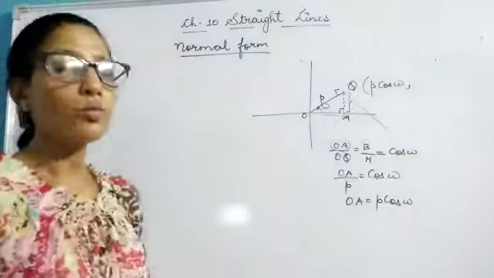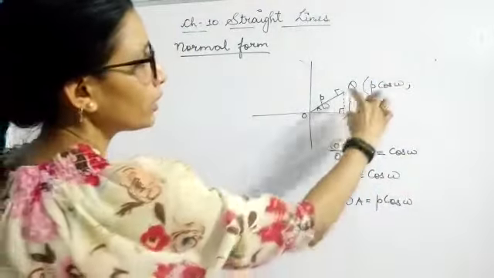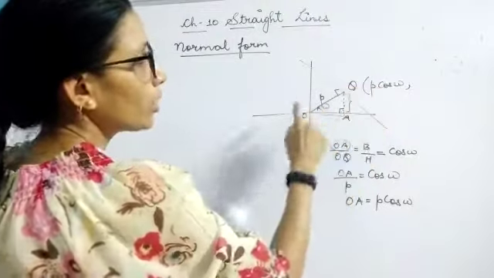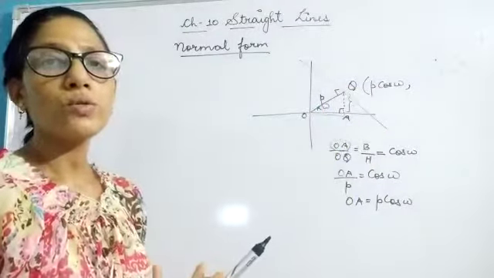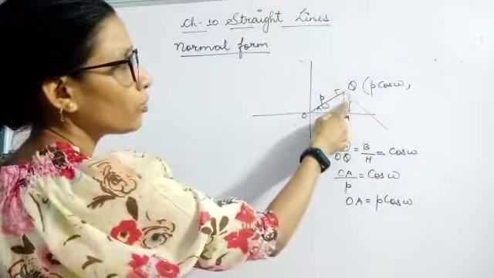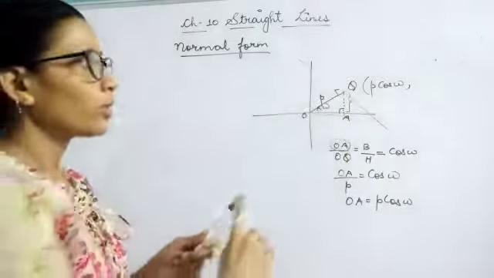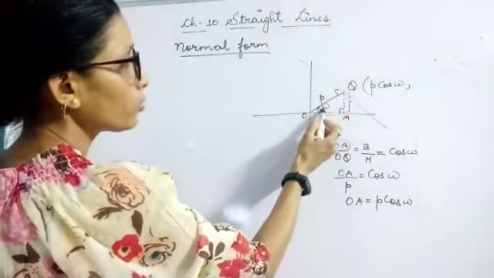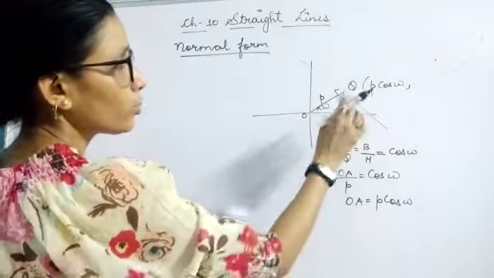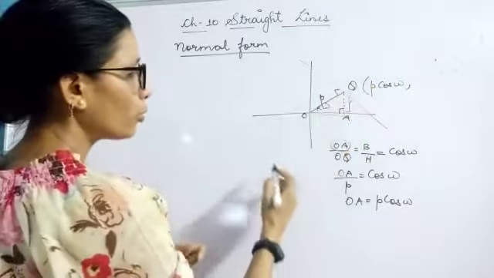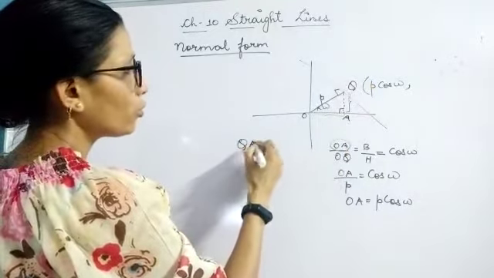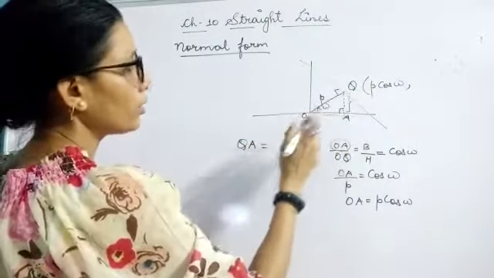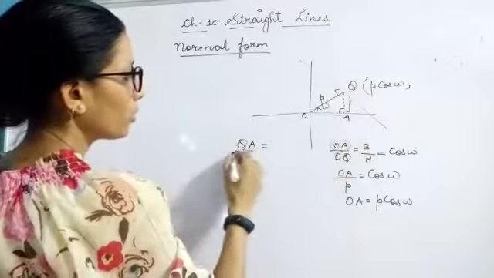Let's find out its y coordinate. So for the y coordinate you require this. Which two sides will you consider? One which you want to find out and one which is given to you. So I will take the ratio of these two. Now see, if this is omega, then this is the perpendicular. So if I want to find QA, I can write it as QA upon OQ.